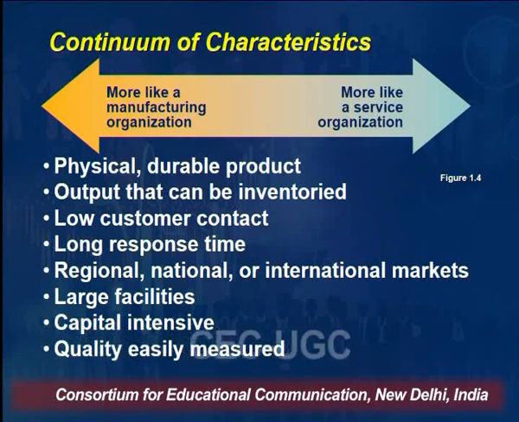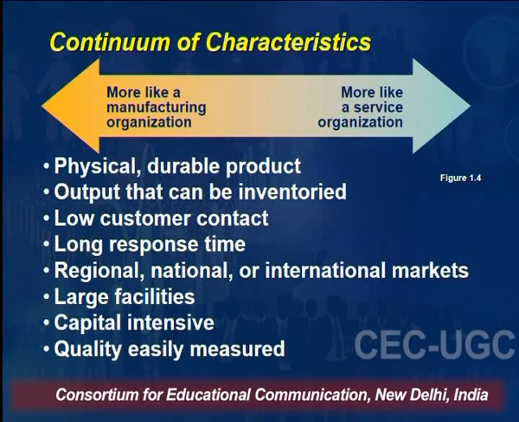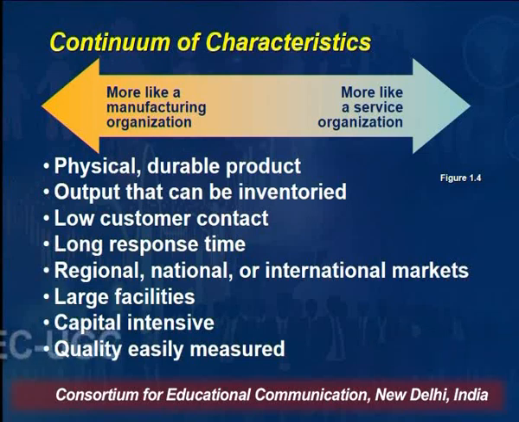So we produce an output that can be stocked or inventoried. For example, an automobile industry, a pharmaceutical industry, a sugar industry, a paper industry, a textile industry, a shoe industry. They are producing physical products.